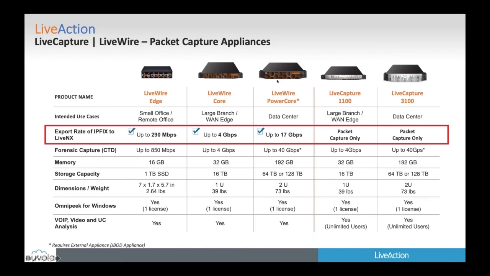But the PowerCore and the 3100 can also support 100 gig interfaces. And you can see here the overall performance, so up to 40 gigabits per second capture rate.